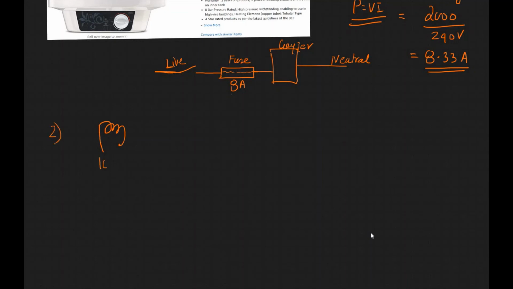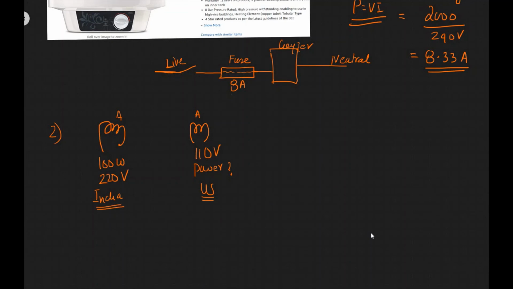A bulb of 100 watts designed to be operated at 220 volts, and you take this bulb from India and you put it in the US, where it will be about 110 volts. The question is, find the power of the same bulb. So this is the same bulb. If the bulb is A, this bulb is also A. The only difference is this is India, this is the US, where the voltage is 110 volts.